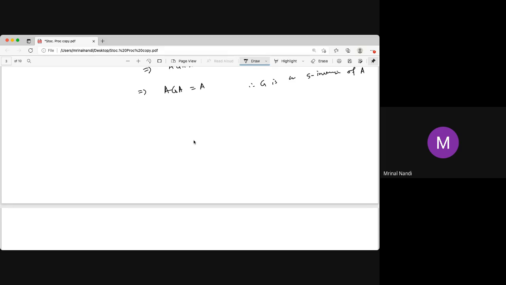We proved in the previous video that if it is a solution of AX equals Y with minimum norm, then it is the minimum norm g inverse. We have to use that, and we use this in a similar way. So now we have G is a g inverse of A.